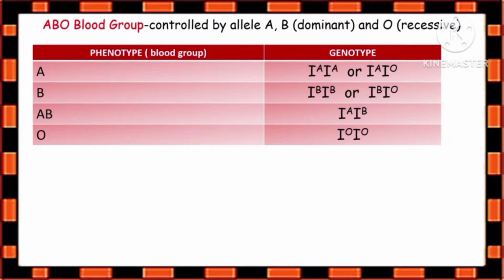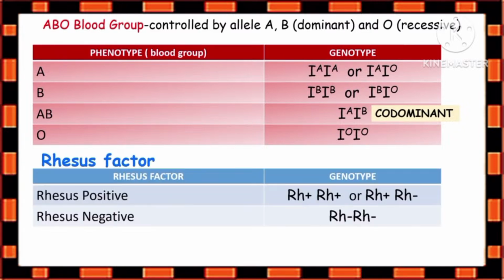Besides the blood group, we also have another factor. It is known as the rhesus factor. What is the rhesus factor? Rhesus factor refers to the antigen D that can be found on the red blood cell. So those with the antigen D are known as rhesus positive, and those without the antigen D are known as rhesus negative. Between rhesus positive and rhesus negative, which one is the dominant?